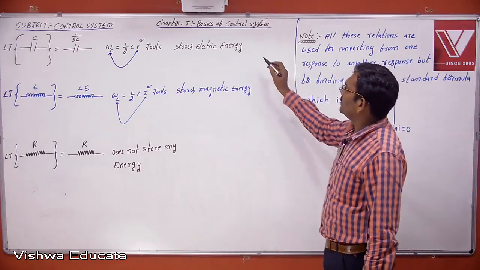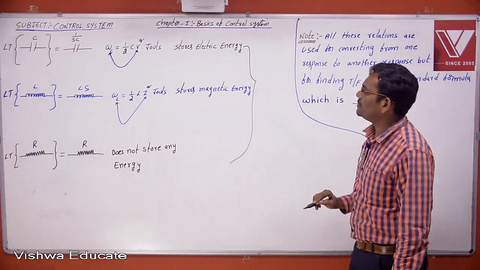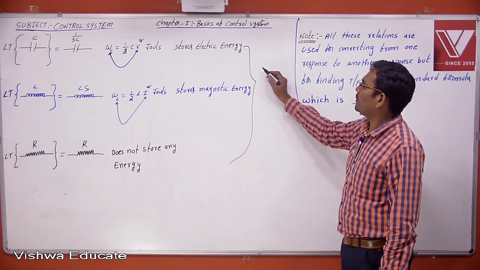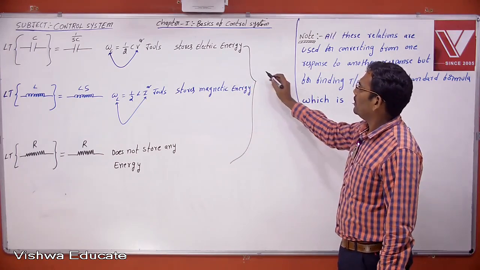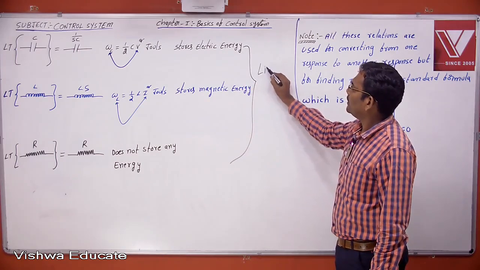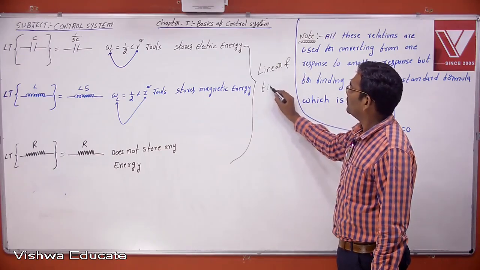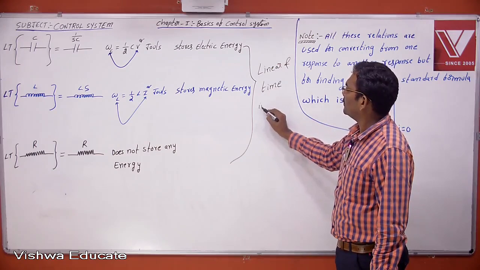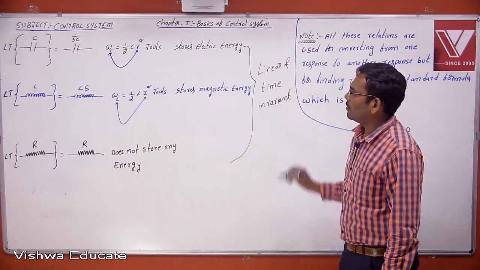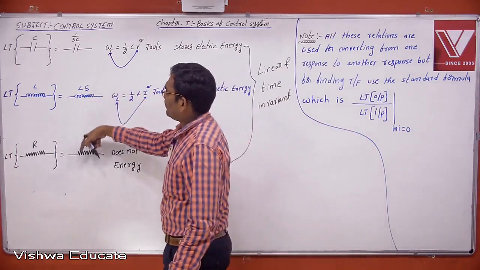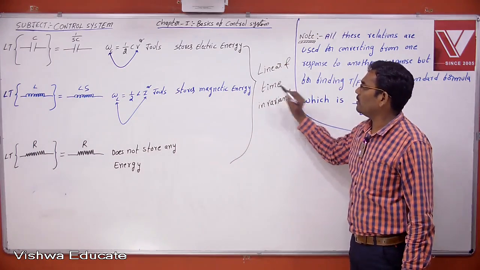But all these three elements, the resistor, inductor, and capacitor, have a common property: they are said to be linear and time invariant.